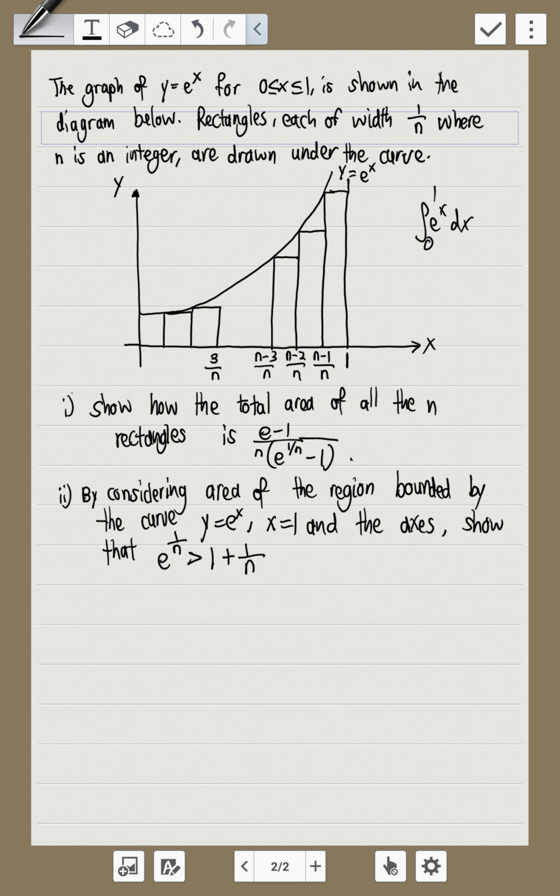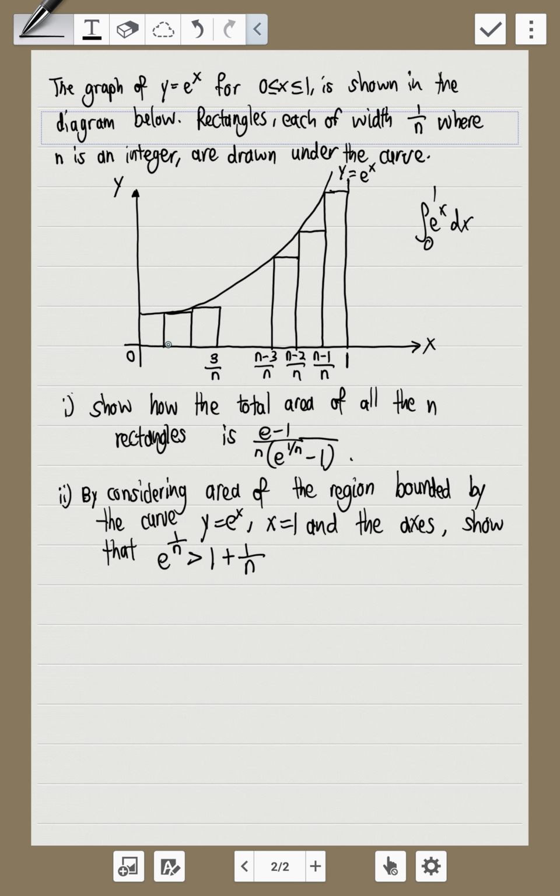So 0 to 1. For this type of question, you have to be observant. First, what is the sum of the areas of the rectangles? First we note that the area of each rectangle uses the y value here.